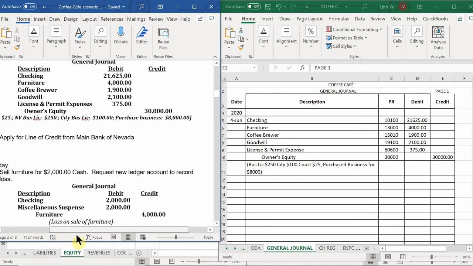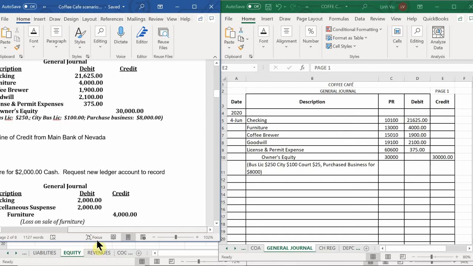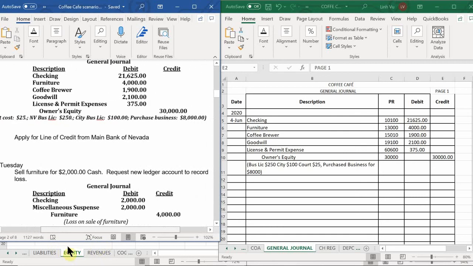We sold our furniture for $2,000, okay, cash, and request a new account ledger to record the loss. So in this case, right, how much is my furniture actually worth? 4,000. It's worth $4,000, but I only got $2,000 cash out of it.